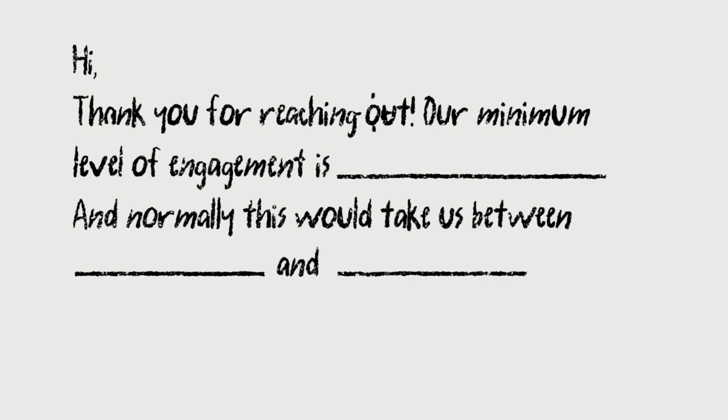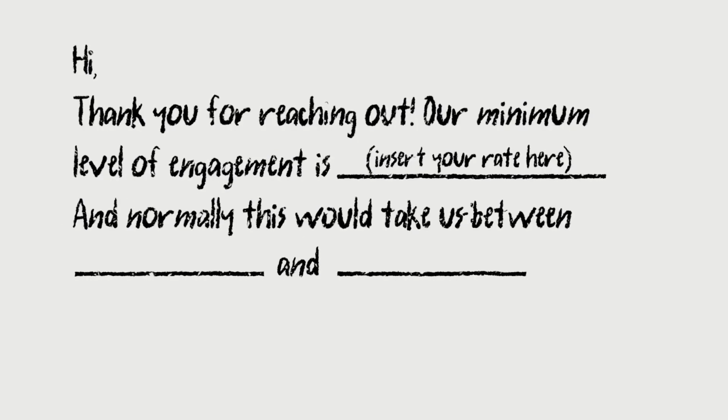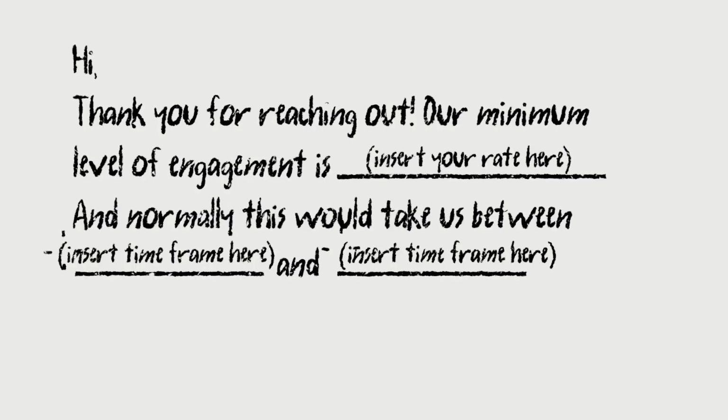So what I do is when I respond, I respond something like this. Thank you for reaching out. Our minimum level of engagement is blank. You insert your price there. And normally this would take us between blank and blank. You put there the number of weeks that is usually the number of weeks for you to do a certain job, or for example that explainer video, and then I follow up with a sentence.